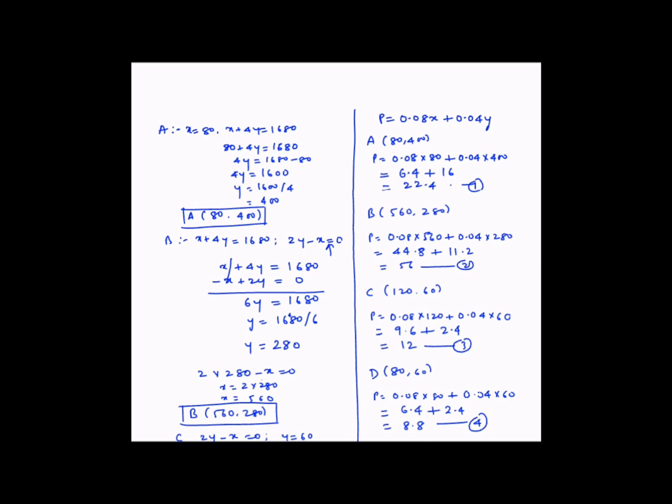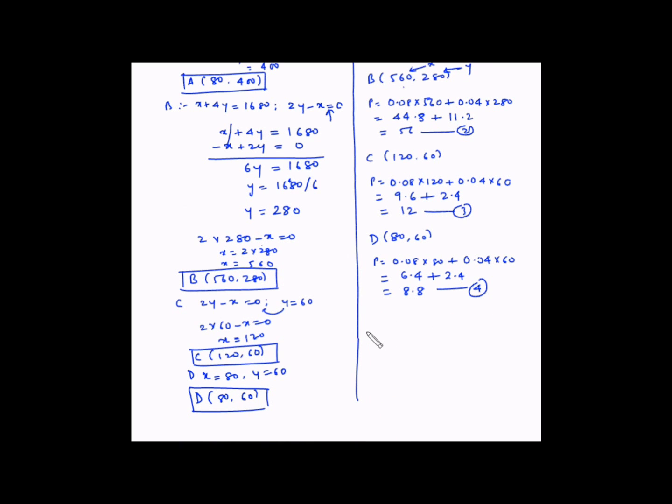So after solving the objective function equation for all the points on the edge of the feasible solution region, the maximum profit is derived at point B, which has x as 560 and y as 280.